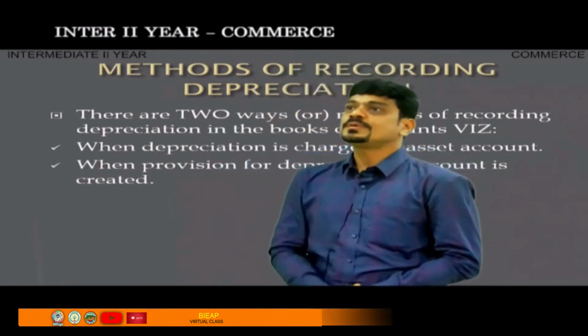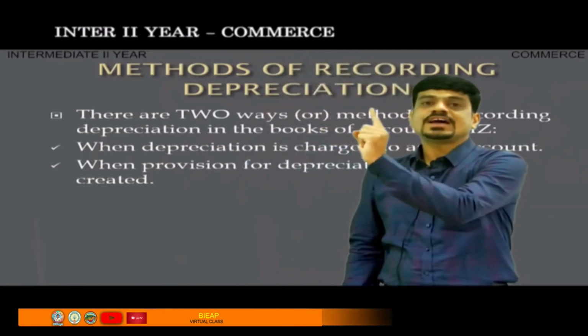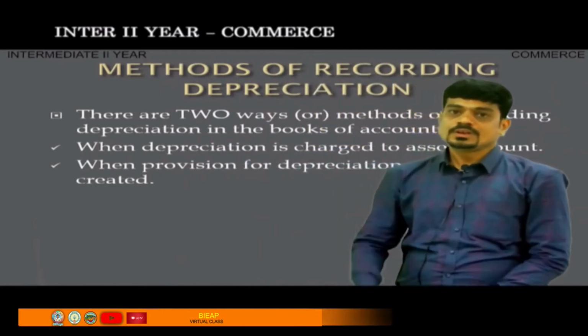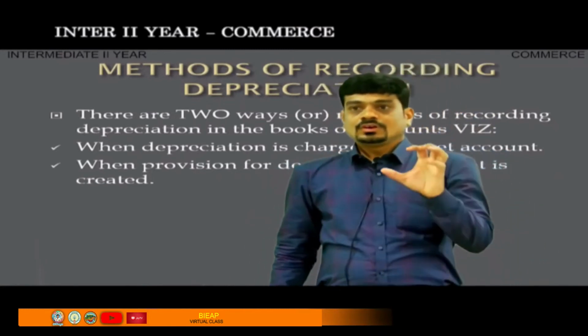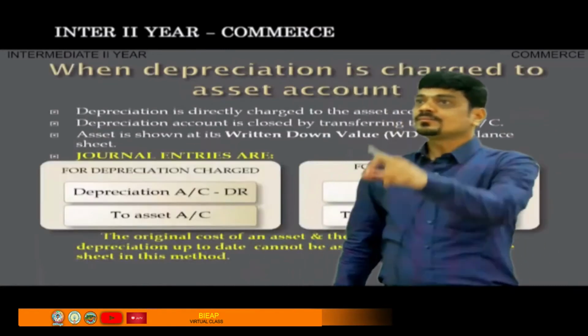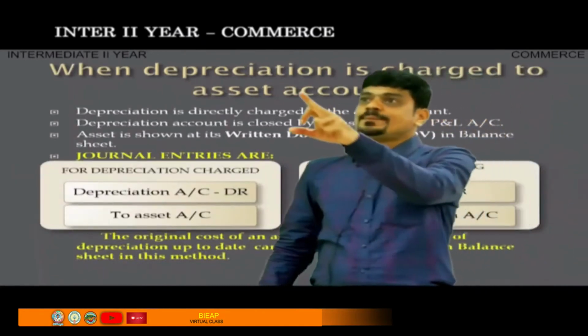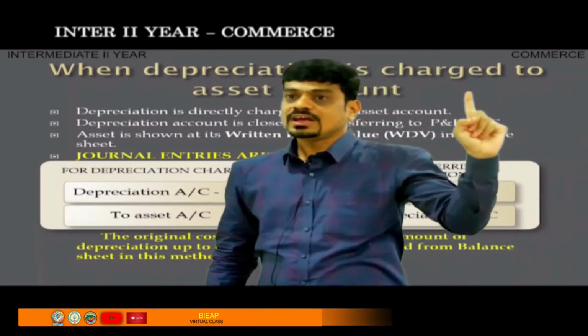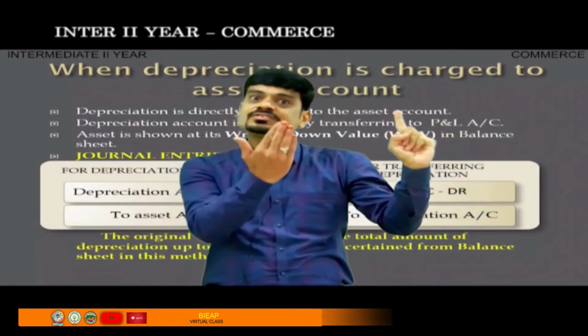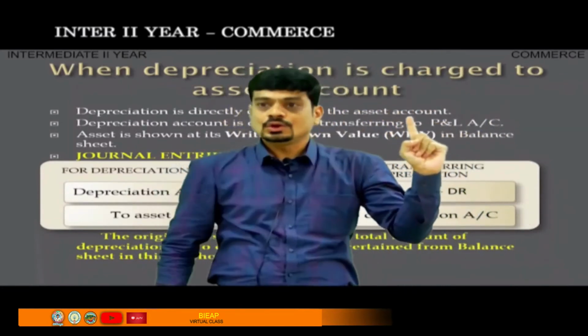What is the first method I told? Depreciation is charged to asset account. Here, when depreciation is charged to the asset account, one of the features I told you is that depreciation is charged to the profit and loss account.